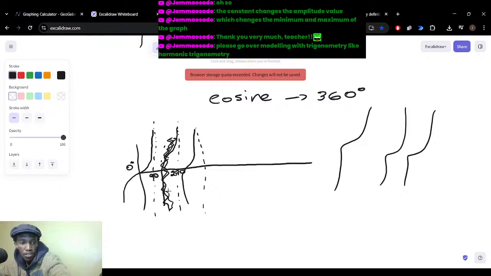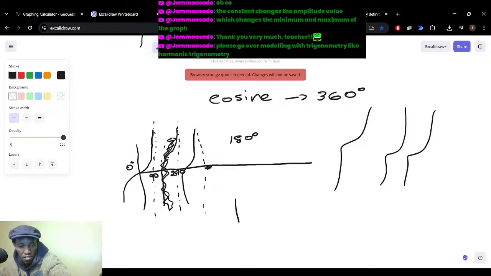For this particular one, it's between 90 degrees and 270 degrees, right? Then it repeats, right? But this pattern repeats every 180 degrees, right?